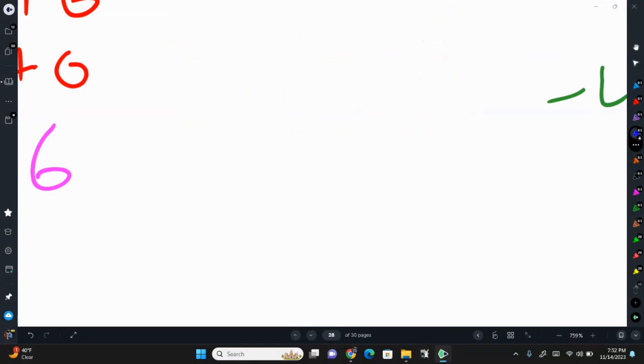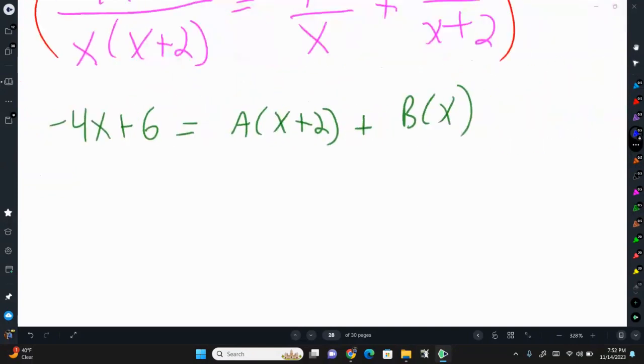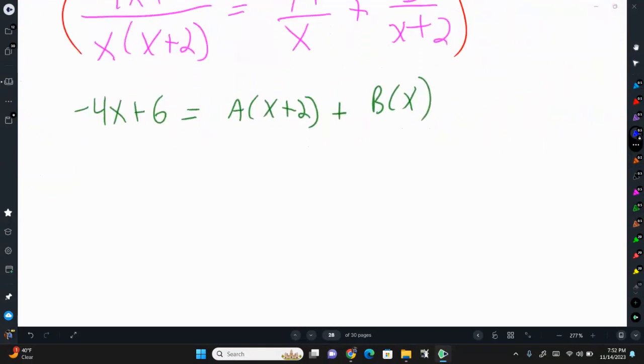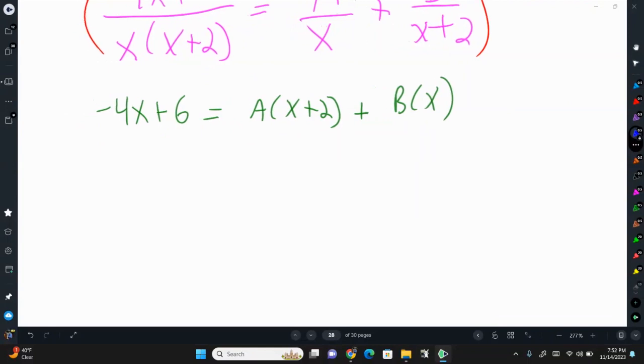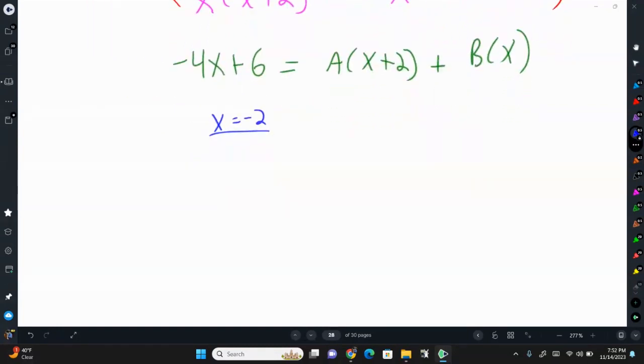Let's do x equals negative 2, because that will give us a 0 next to a. So x equals negative 2. That will give us negative 4 times negative 2 plus 6 equals a times negative 2 plus 2 plus bx.